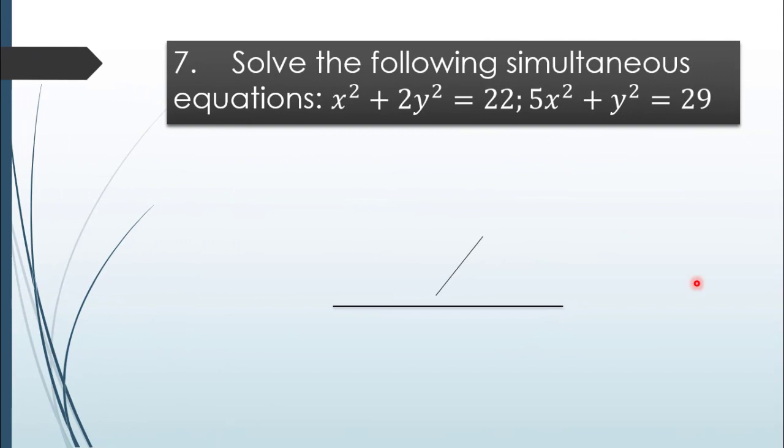We will illustrate this by using questions from the exercise. This is question number 7. We have to solve the following simultaneous equations: x square plus 2y square is equal to 22 and 5x square plus y square is equal to 29.